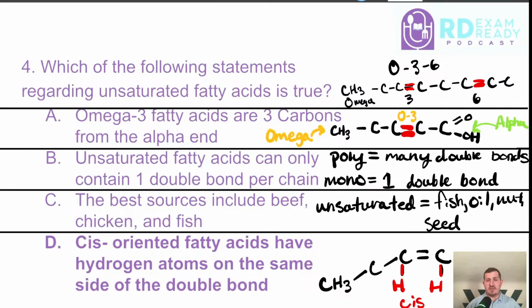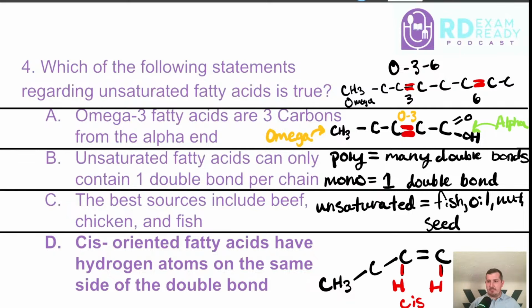C. The best sources include beef, chicken, and fish. No, not for the unsaturated. Rather, for unsaturated, I would think of things like fish would be a nice animal based source. Oils like seed oils, olive oils, avocado oils, different types of oils there. Nuts and seeds. Those would all be things that are nice and rich in those unsaturated fats there.